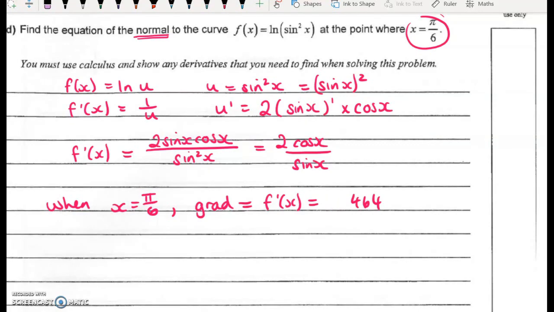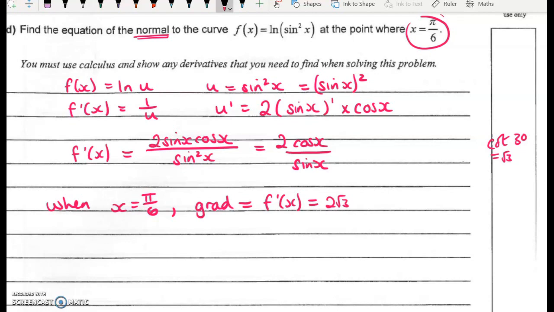And actually, I'm not going to do it in decimals because we can do this as exact values. Cos over sine is 1 over tan, which means it's cot. So this is 2 cot of 30 degrees. So we can do that as an exact value instead. So cot 30 is equal to root 3. So if we were to do cot 30 times 2, we would get 2 root 3.